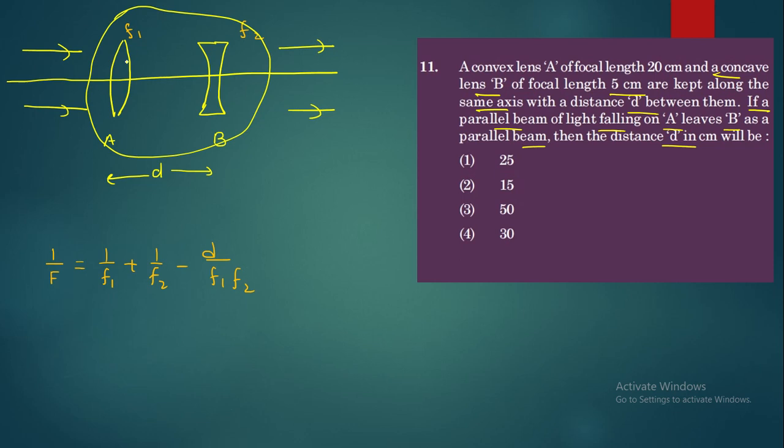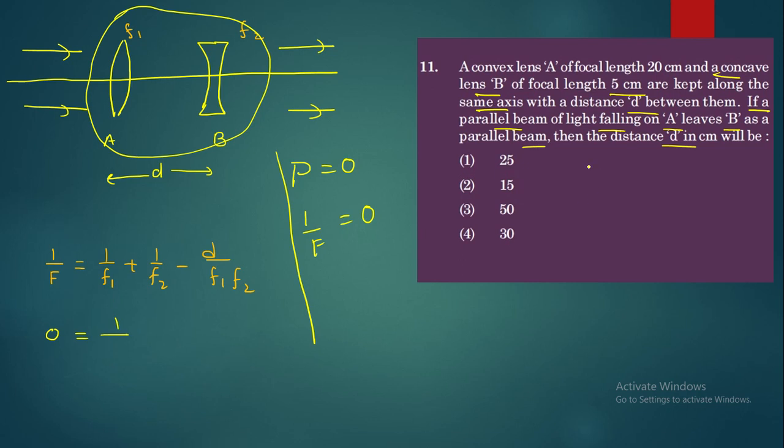So the converging effect of the convex lens is being cancelled by the diverging effect of the concave lens, which means the combined power is 0. If the combined power is 0, then 1 by f is 0.